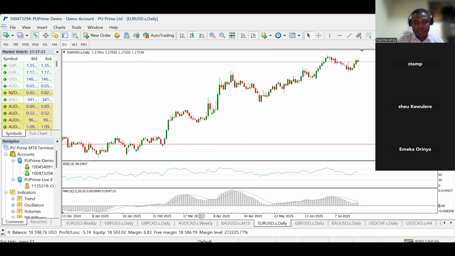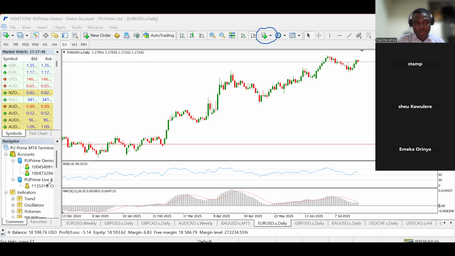This is how you do it. You click on this. Okay, I already have the Ichimoku saved as a template, but notwithstanding, you just come over to this indicator menu.